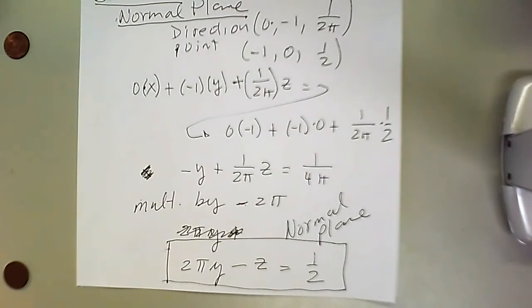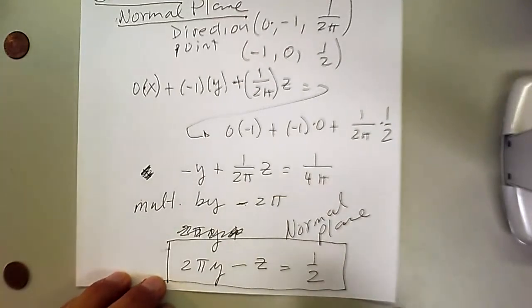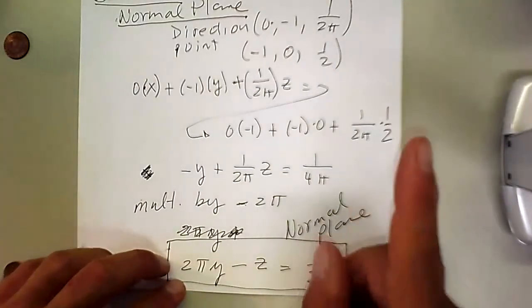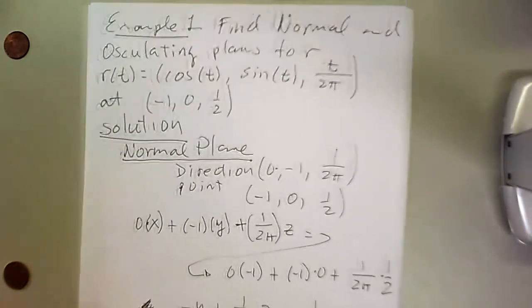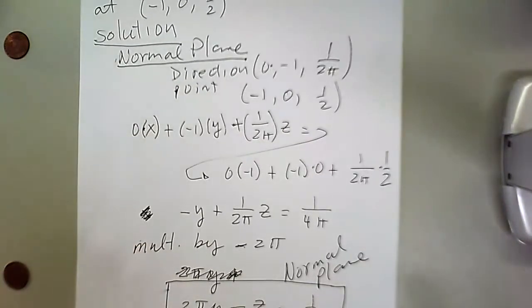I just want to verify with the notes that I have written for myself. Two pi y minus z, perfect, it matches. So this went fast. We still have to do the osculating plane, but I want to pause for a moment to state that this goes fast because we did piggyback on the previous video.